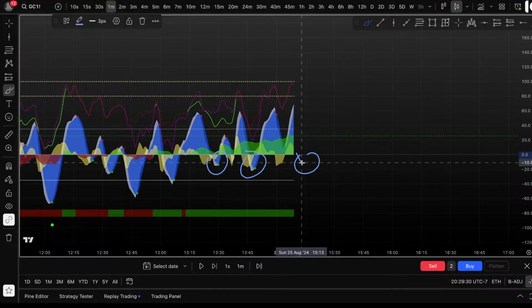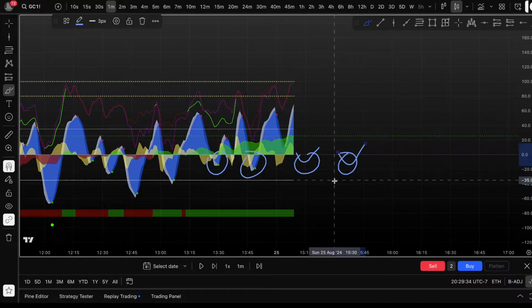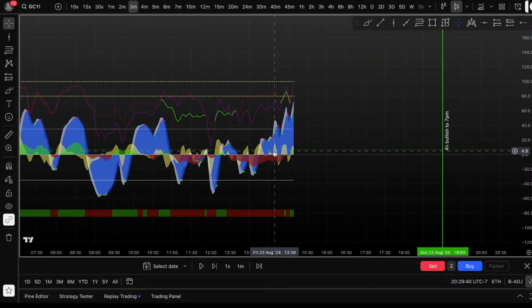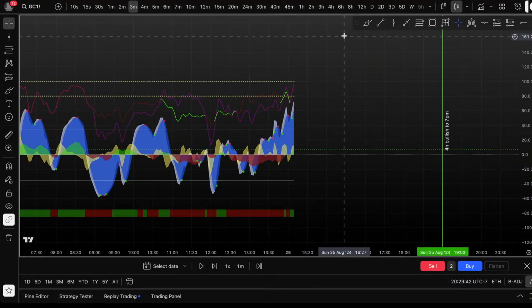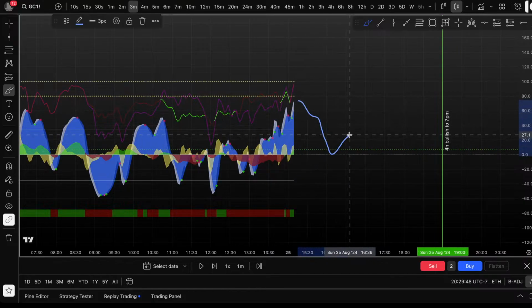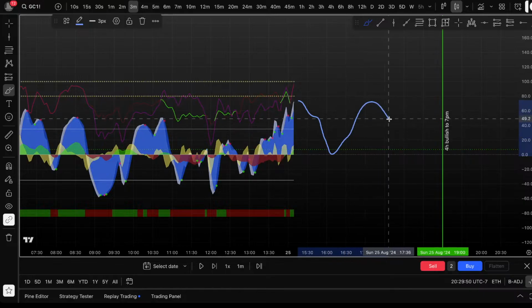Give me something like that, and we'll go long on at least the 3 minute. Even just something as simple as that, and then we make another wave.